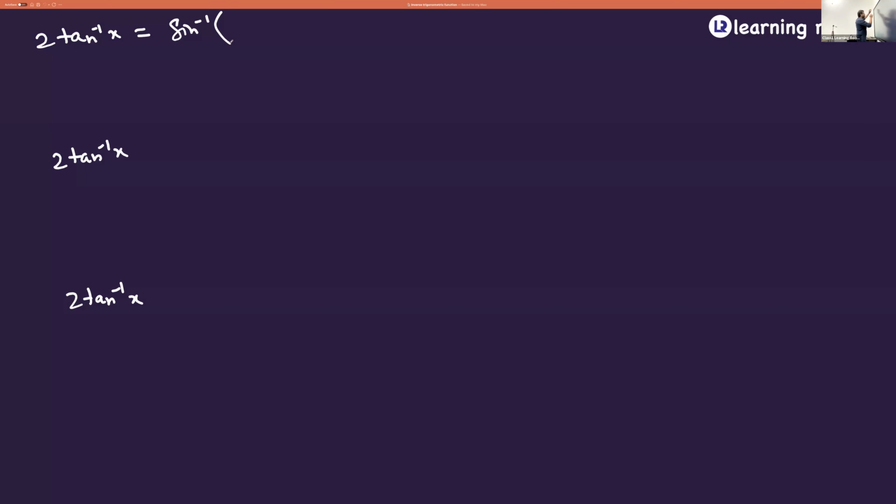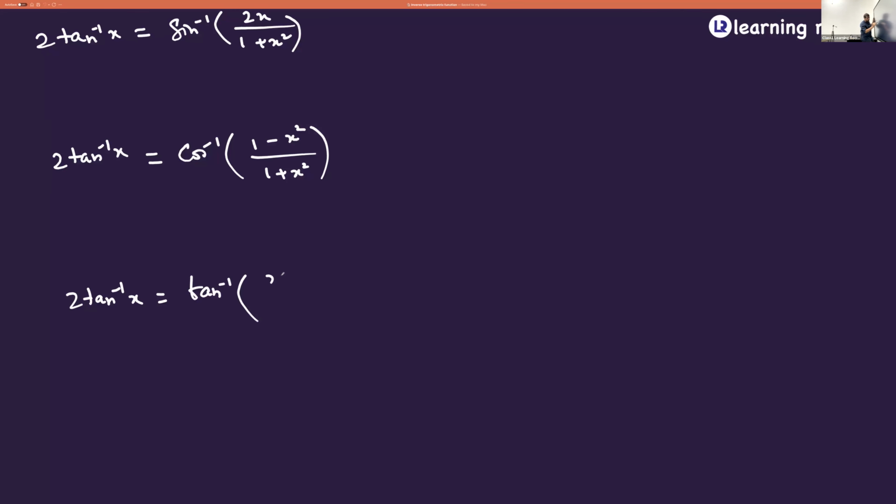Okay, we'll go with sine inverse. So sine inverse of 2x divided by 1 plus x square. 2 tan inverse x can also be written as cos inverse of 1 minus x square divided by 1 plus x square. 2 tan inverse x can also be written as tan inverse of, are you able to observe the similarity, some difference between the first and the third?